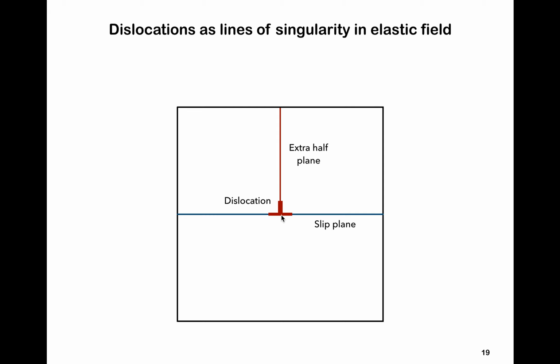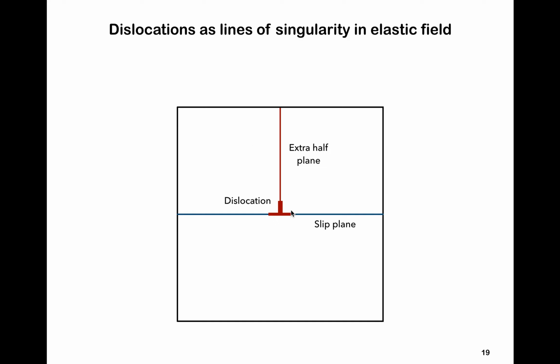If you look at this as a cross section of a cuboidal region, then the dislocation line lies on the slip plane, pointing into the plane of the paper, and it is located at this particular point. So the dislocation is just this point in this cross section, but in 3 dimensions it's a line passing through that point on the slip plane.